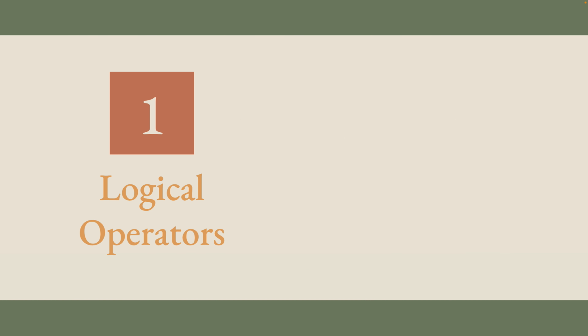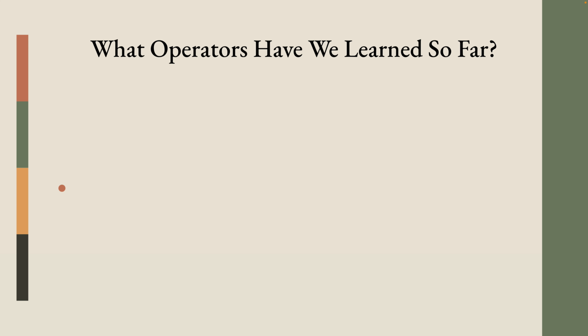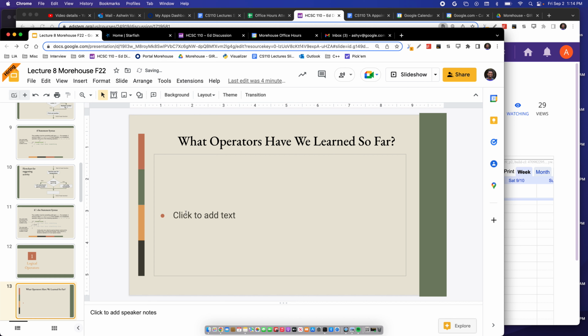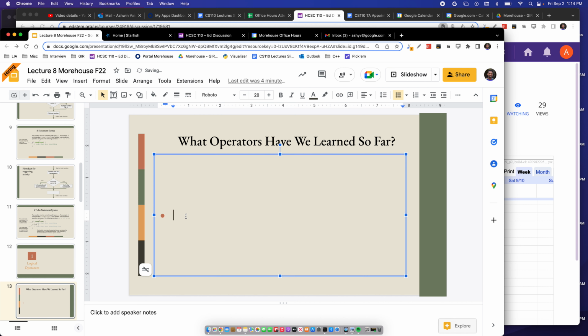Cool. So before we go into some new material, I just wanted to recap. What are some of the operators we've learned about so far? Okay. Yep. So greater than, less than. All right, hold up. Let's finish out these. What are 2 more here for the relational operators? Okay.